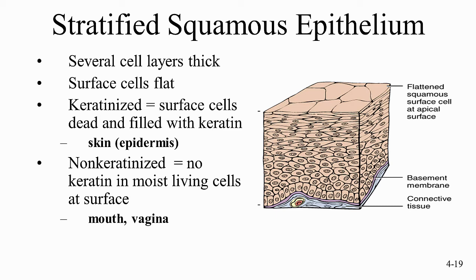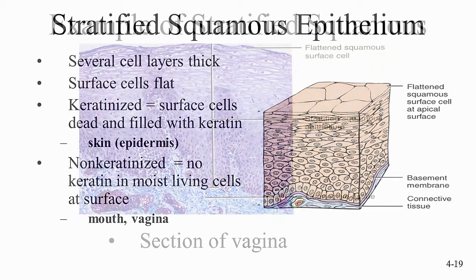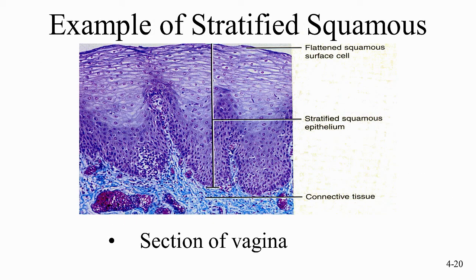Now, non-keratinized, we're going to have moist living cells at the surface. Remember, in keratinized, that's all dead cells that we're looking at. Non-keratinized, it's going to be living cells. So you're going to find that lining the inside of your mouth and cheeks, and also the vaginal canal. And this right here would be an example of non-keratinized stratified squamous epithelium.